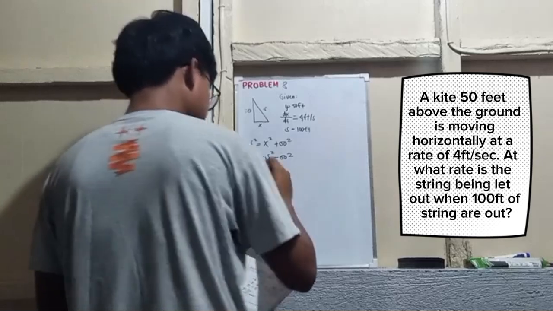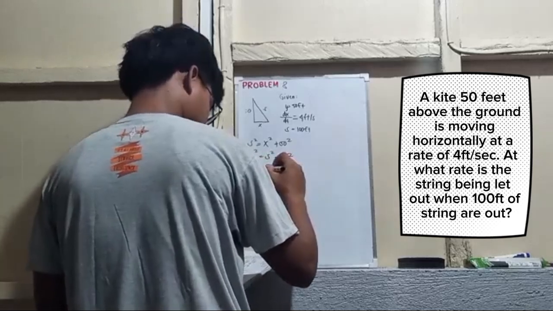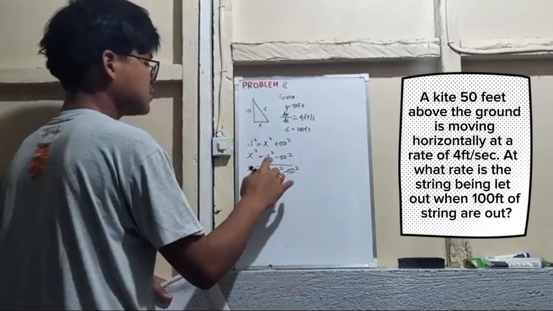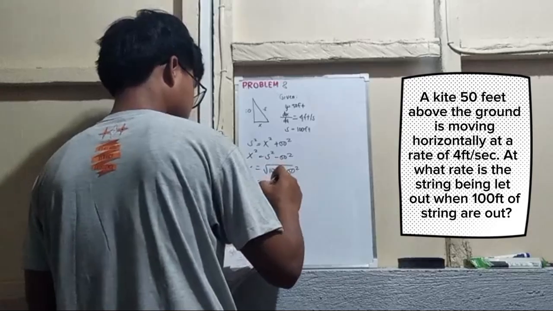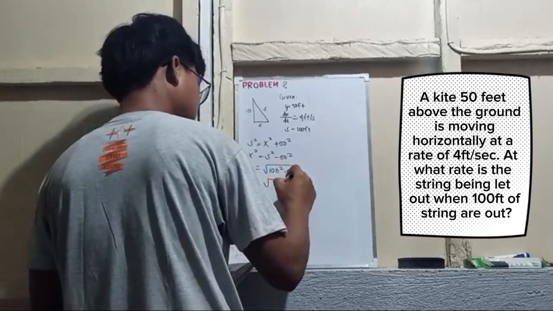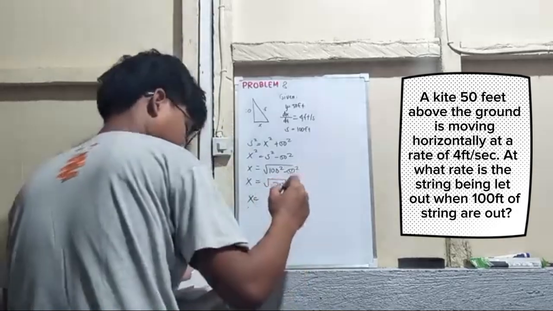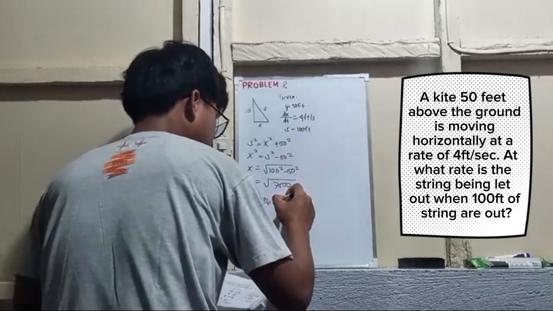Then solve. x is equal to the square root of 100 squared minus 50 squared. We substitute the value of s, with the value of 7,500. Then we'll get the value of x as 86.6 feet.